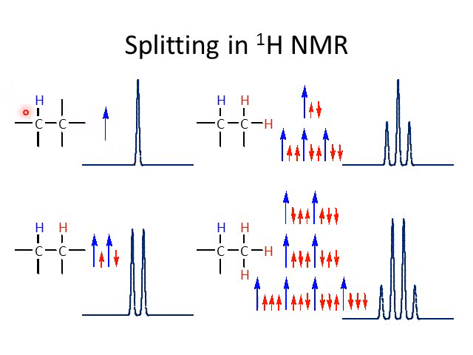Instead, what's going to affect this little magnet is other little magnets nearby, and specifically we mean other hydrogens. If this hydrogen has 0 hydrogens next door, there's no effect, and therefore we see no splitting.